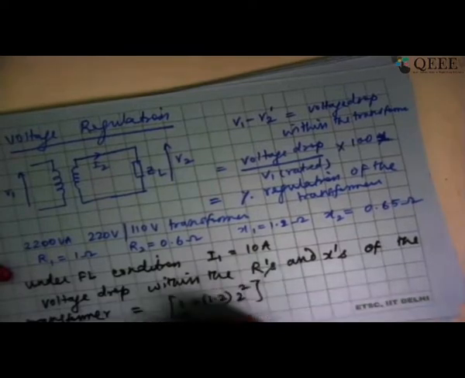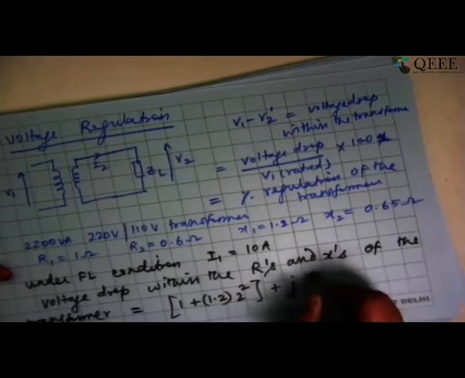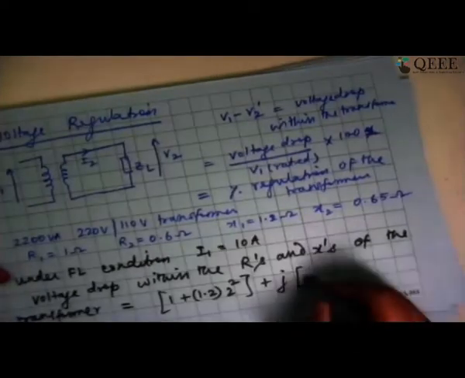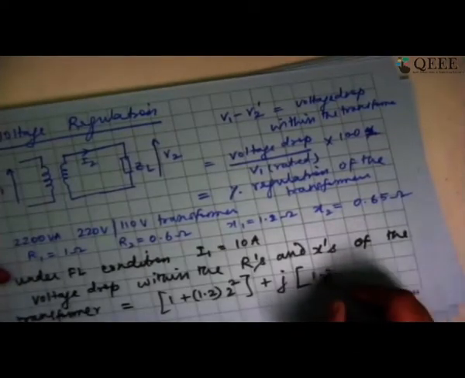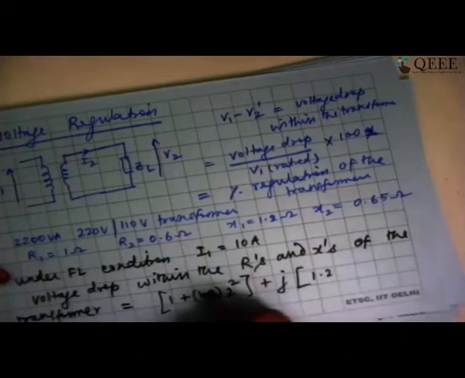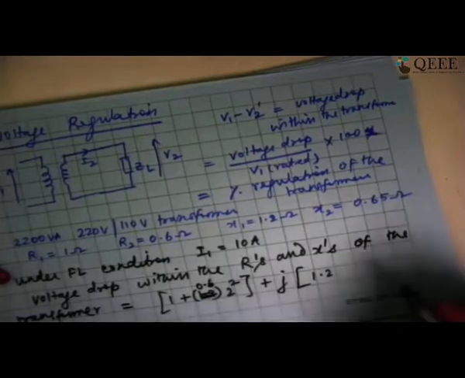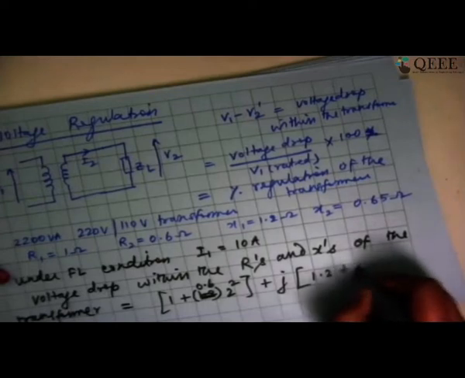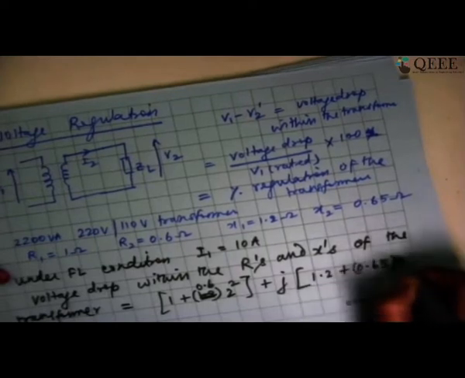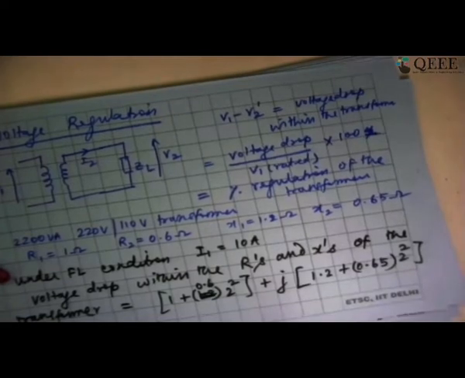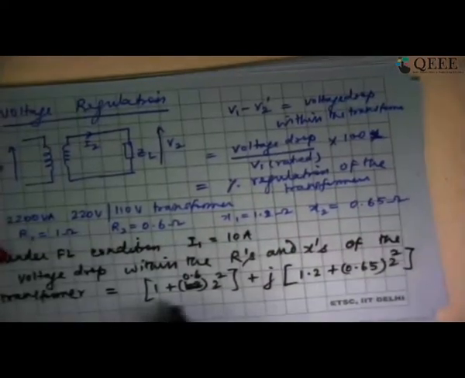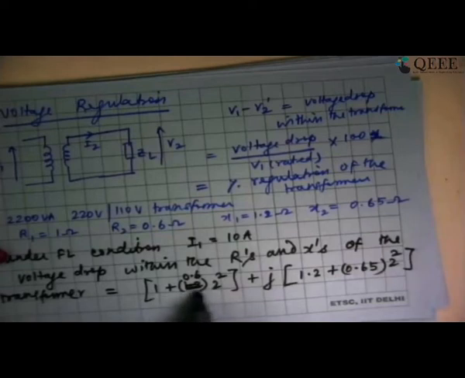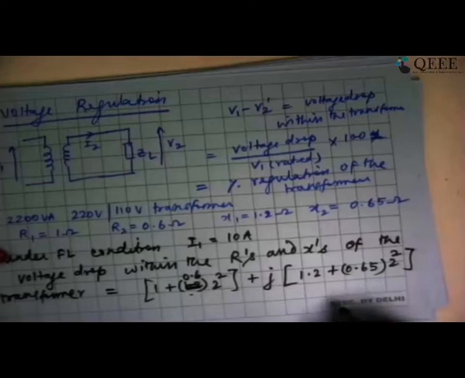This is the resistance plus j into, I should say 1.2, no, I'm sorry, this is 0.6. 1 plus 0.6 multiplied by 2 square, j into 1.2 plus 0.65 multiplied by 2 square. Am I correct? I am essentially looking at the resistances put together with the turns ratio transformation and reactances put together with turns ratio transformation.